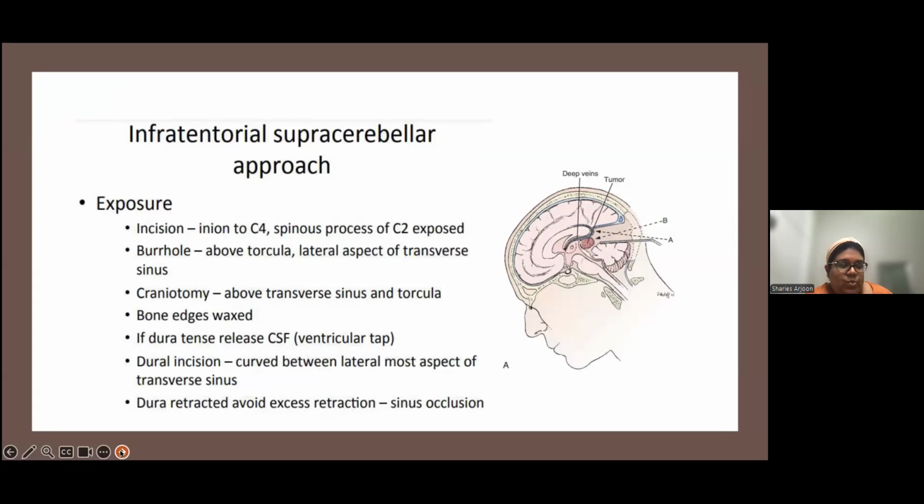Bone edges waxed. If dura is tense, release CSF by a ventricular tap. Dural incision is curved between the lateral most aspect of the transverse sinus, and the dura is retracted to avoid excess retraction or sinus occlusion.